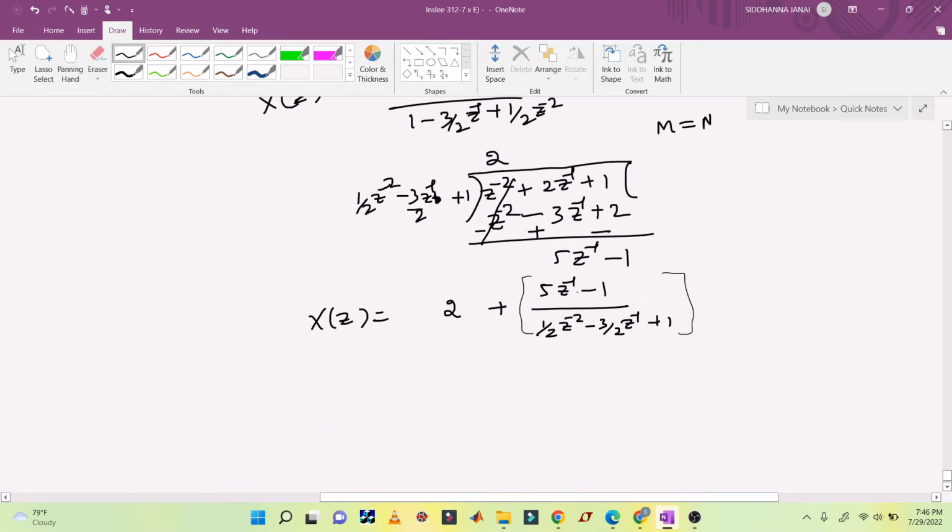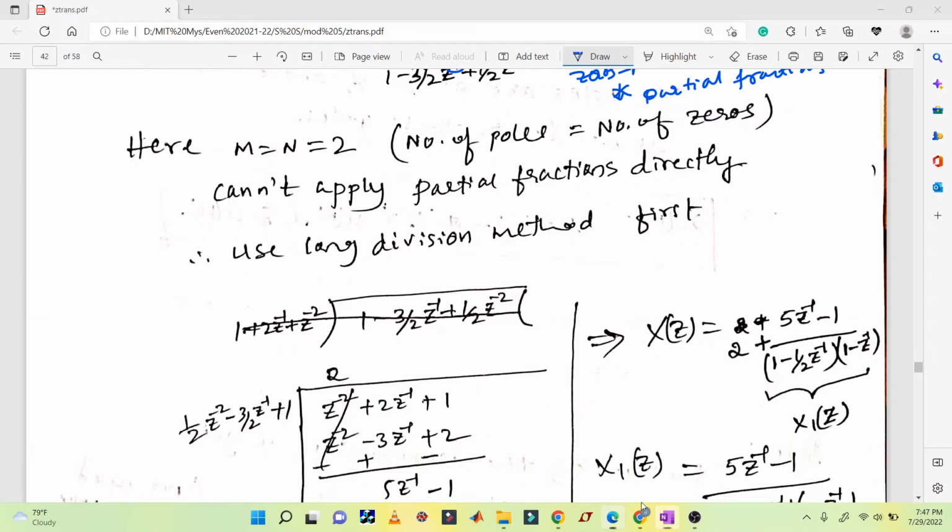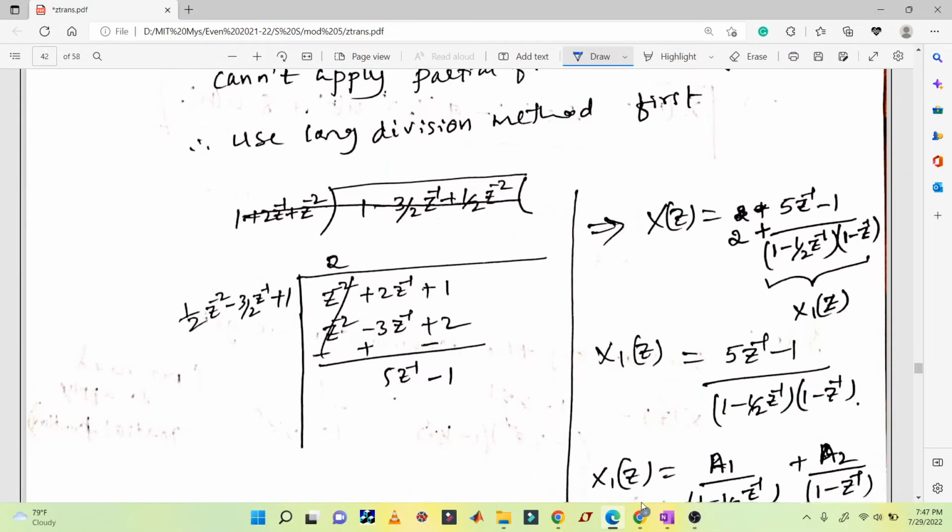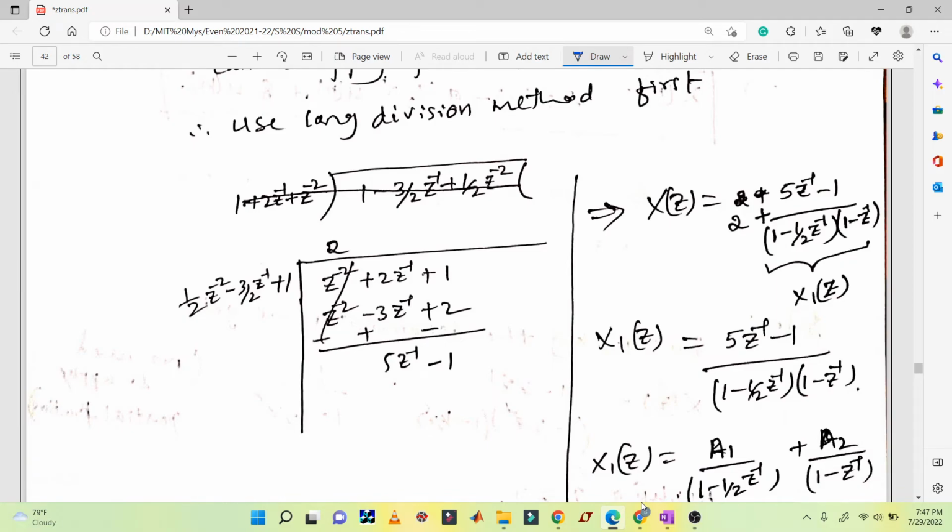Now again, forgot to mention that you can see the number of zeros, only one here. This is 1 zero, this is another. So one z term, m is equal to 1, n is equal to 2, m is less than n. Apply the partial fractions, then you will get 2 plus, let me write that x of z here.